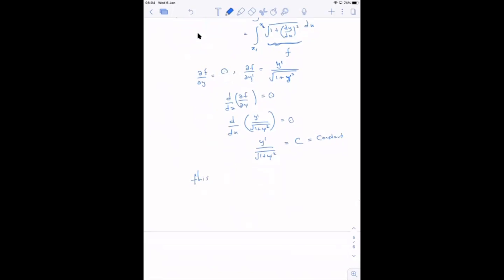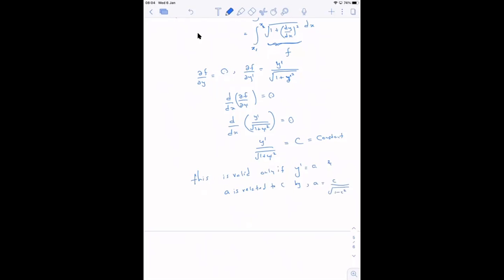This is valid only if, let me take another constant, y dash equal to a, and a is actually related to c by this equation: a equals c divided by the square root of 1 minus c squared.